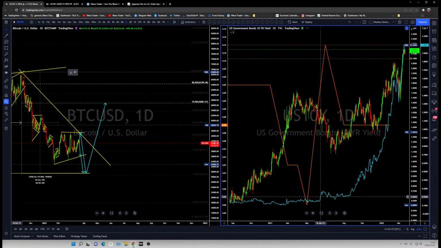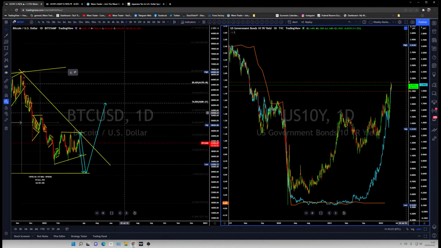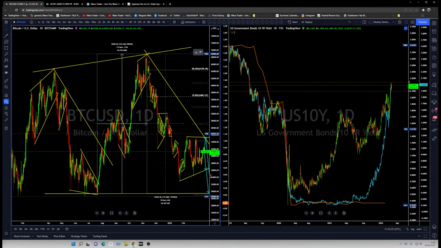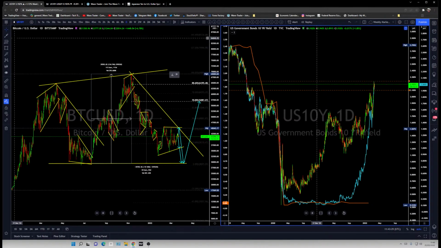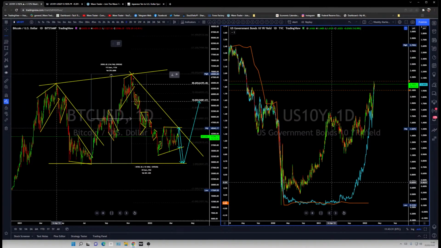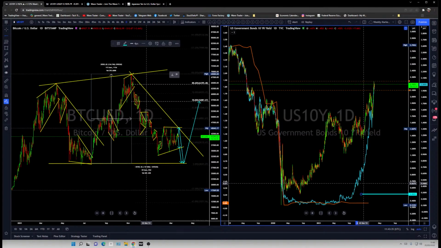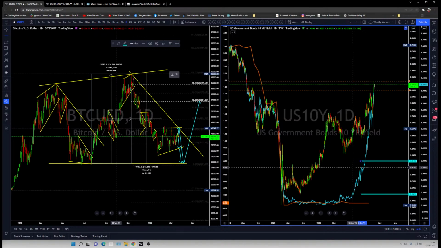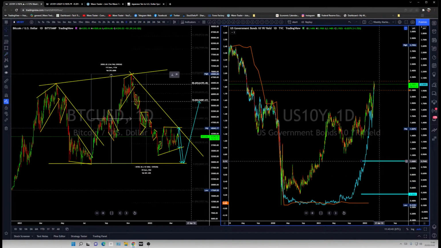Right now we are behind the curve. The Fed is behind the curve. They raised the interest rate already, and there is a very good chance that they're going to raise the interest rate by 50 basis points at the next meeting. A 50 basis point hike is still on the table.